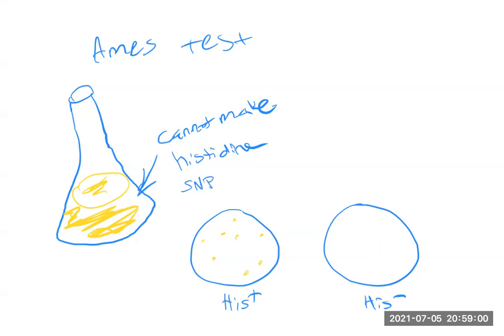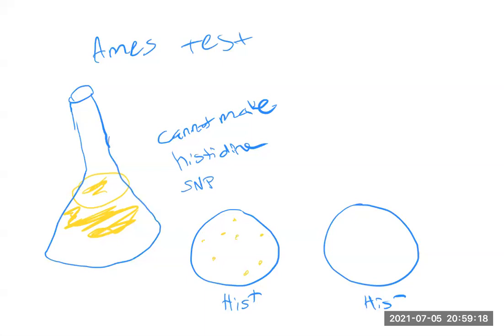Okay. So then the step that actually tests for whether or not something is a mutagen is we expose this culture to the mutagen. So let's just say maybe it's UV light, even though we already know that that is a mutagen.